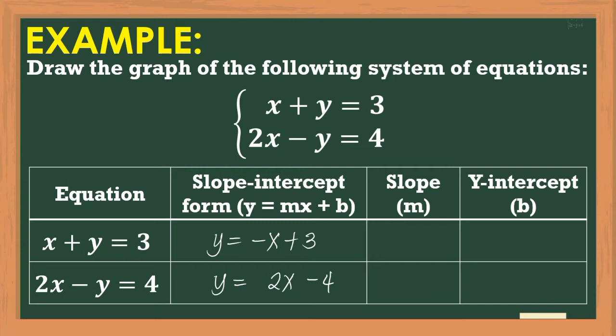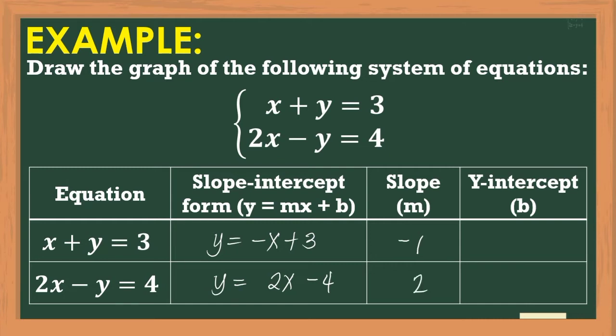Next, we can now identify the slope. In the first equation, negative x, the numerical coefficient of x is negative 1. So, the slope is negative 1. In the second equation, the numerical coefficient of x is 2. So, the slope is 2.